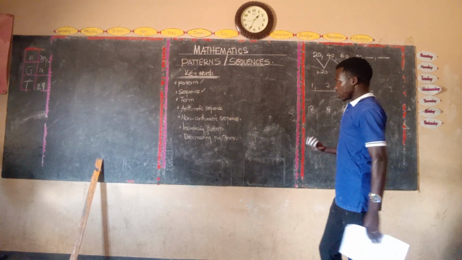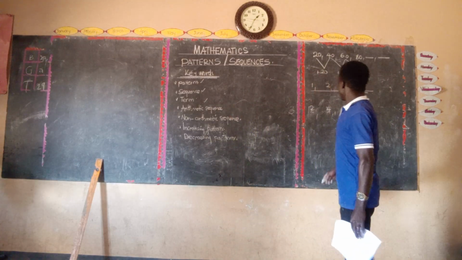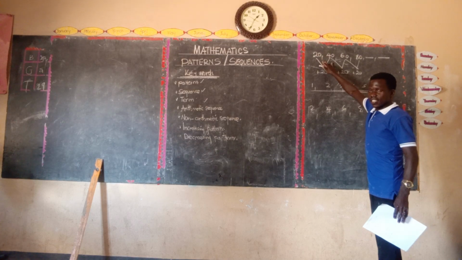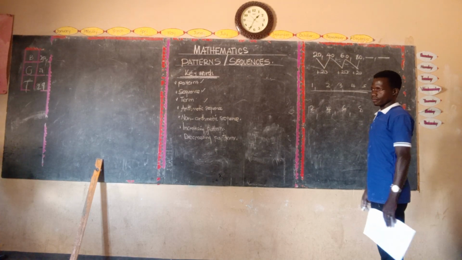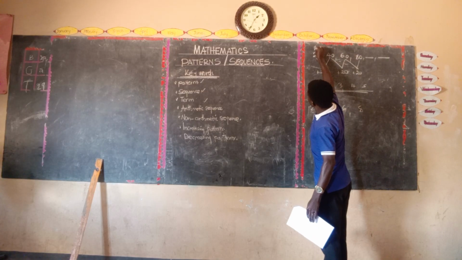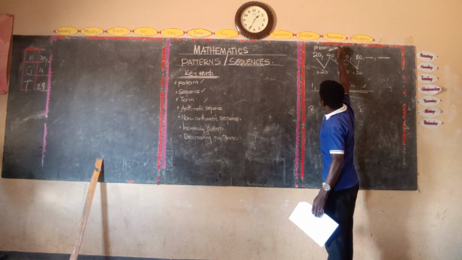Now, what about this? It is called the term. Any number in the series is called a term. For example, the first number here is 20. So this one becomes the first term. This one becomes our second term.